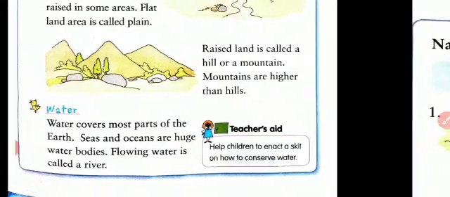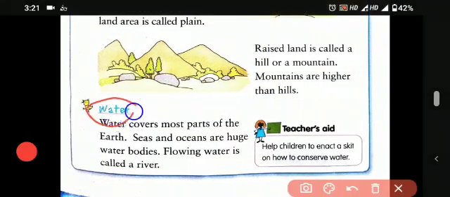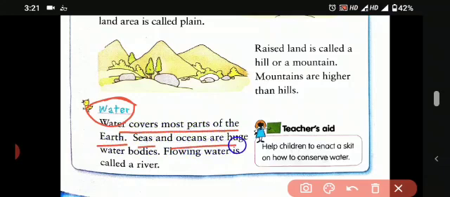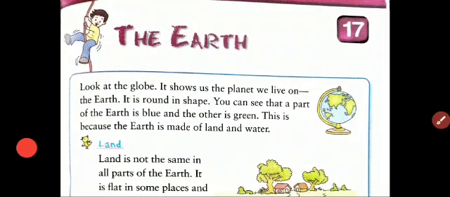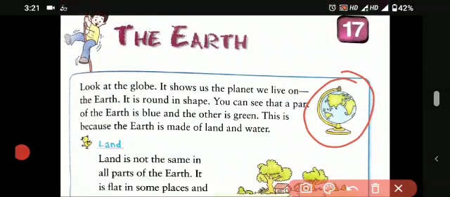Now we will study about water. Water covers most part of the earth. Seas and oceans are huge water bodies. Flowing water is called a river. So students, as we have earlier seen in the globe, the areas shown with the blue color are water.